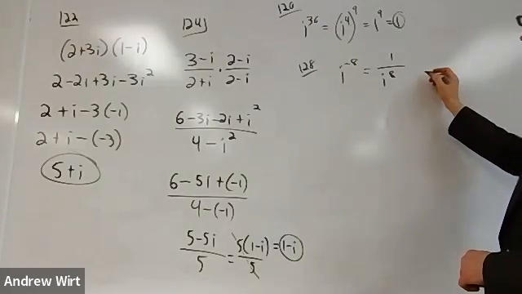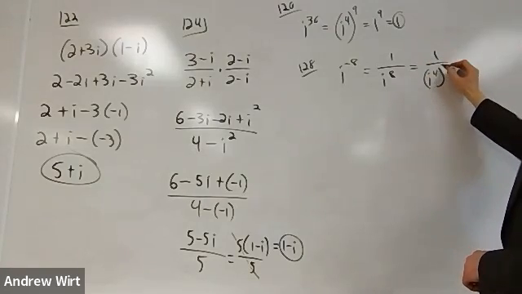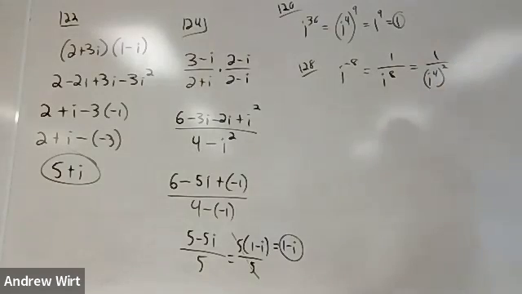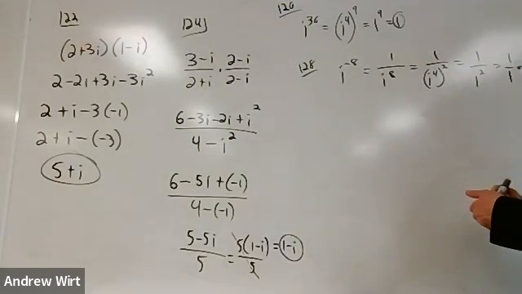Now i to the 8th is i to the 4th squared, which is 1 over 1 squared, which is 1 over 1, which is 1. So another one just equals 1.